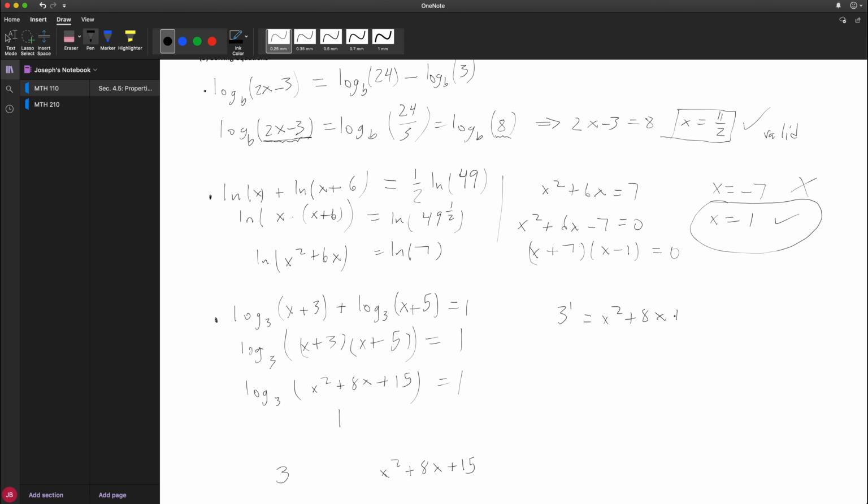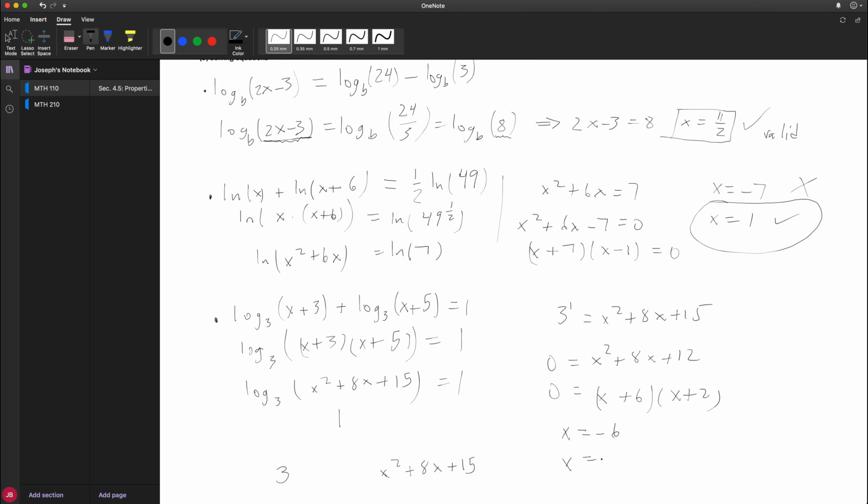Well, that's just 3, and so to solve this quadratic, I subtract 3 from both sides, and I get x squared plus 8x plus 12, which I can factor as x plus 6 times x plus 2, and this tells me that x equals minus 6 and x equals minus 2.